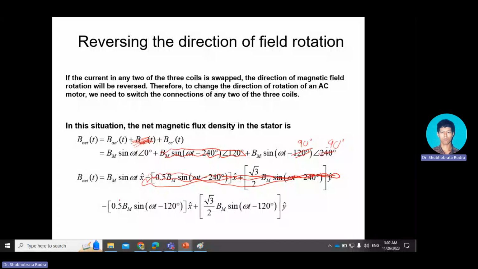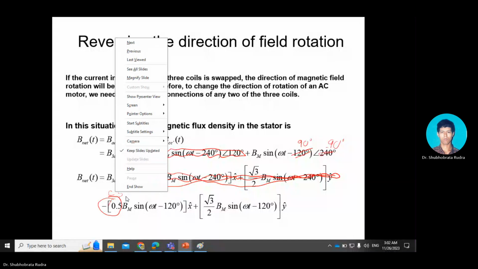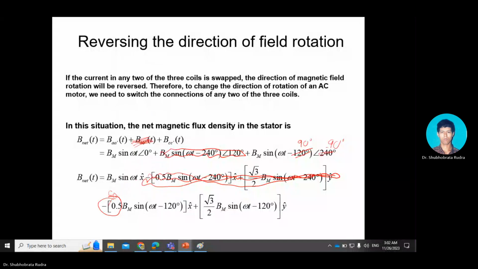Why? Because who gives you this minus 0.5 precisely? This comes from cosine of 240 degree. If you evaluate this, cos 240 degree gives you minus 0.5. But now, instead of 240 degree, we have 90 degree.